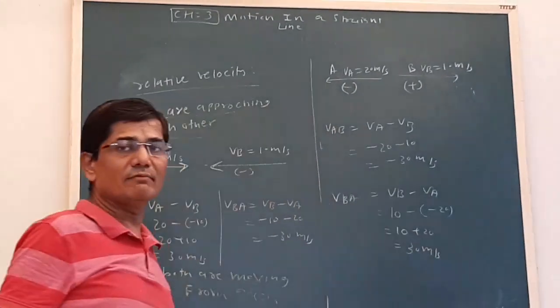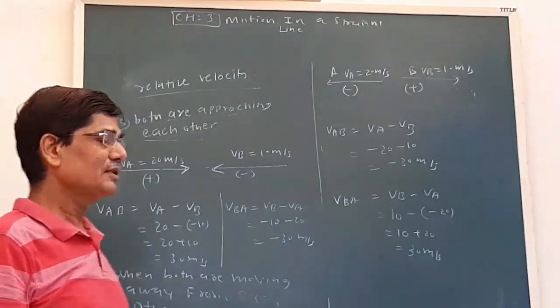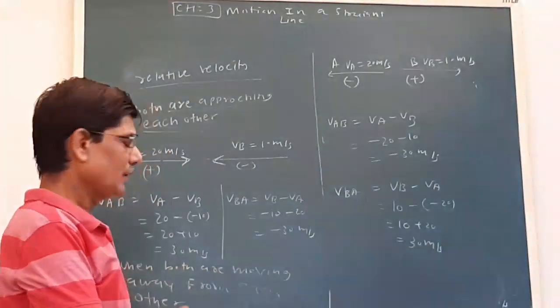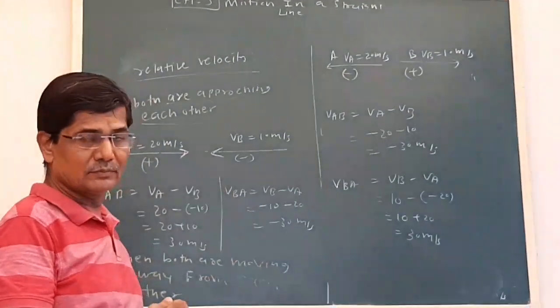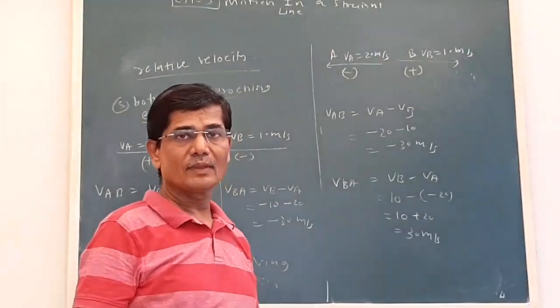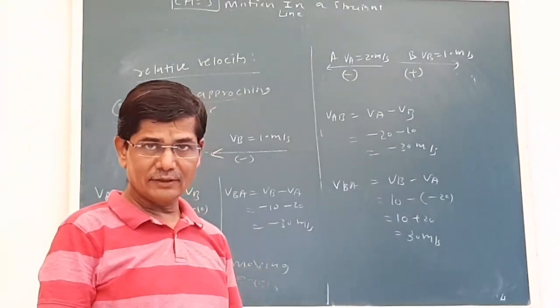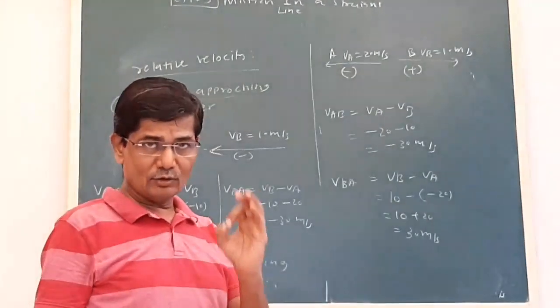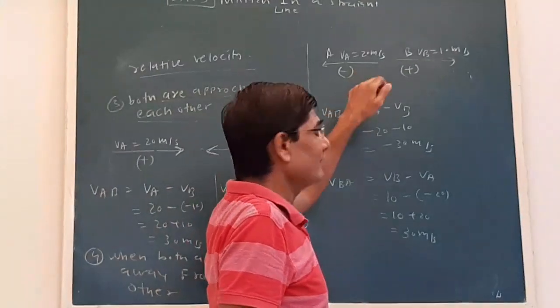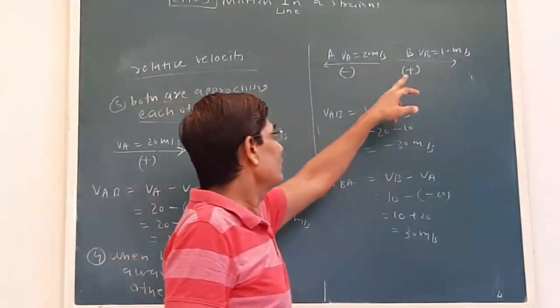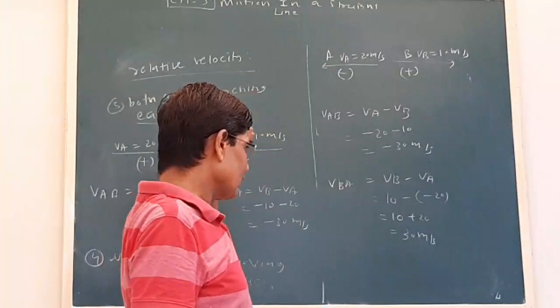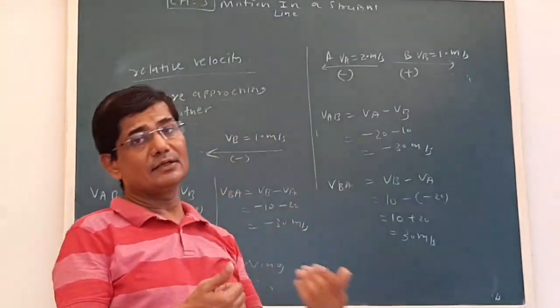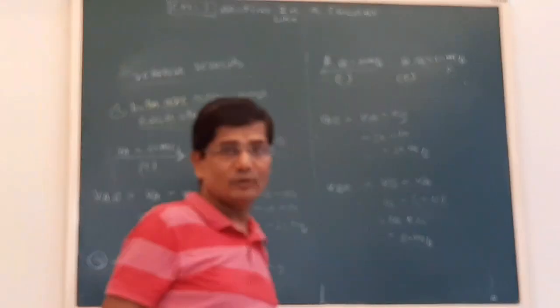So what we infer from this is, when they are moving toward each other or receding from each other, the relative velocity is larger than their individual values. Again we can say A velocity is 20 meter per second, B velocity is 10 meter per second, but their relative velocity is larger than their individual values.